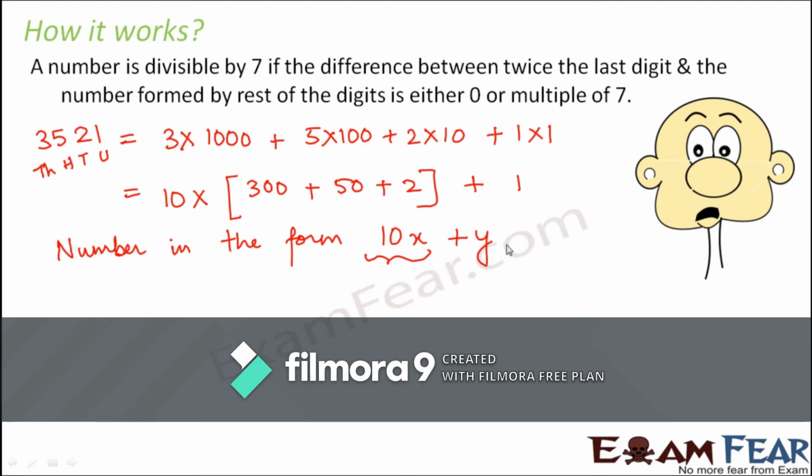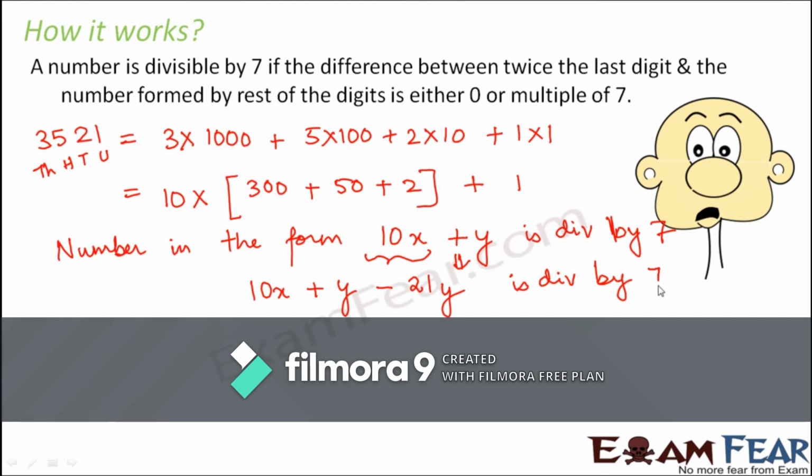Now if we say that 10x plus y is divisible by 7, it is as good as saying that 10x plus y minus 21y is divisible by 7. Now this doesn't mean that I am saying that 10x plus y is equal to 10x plus y minus 21y. I am not saying that. I am saying that saying this and saying this is the same.